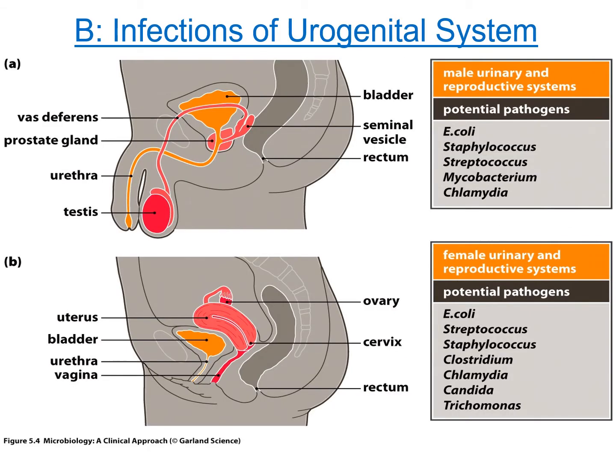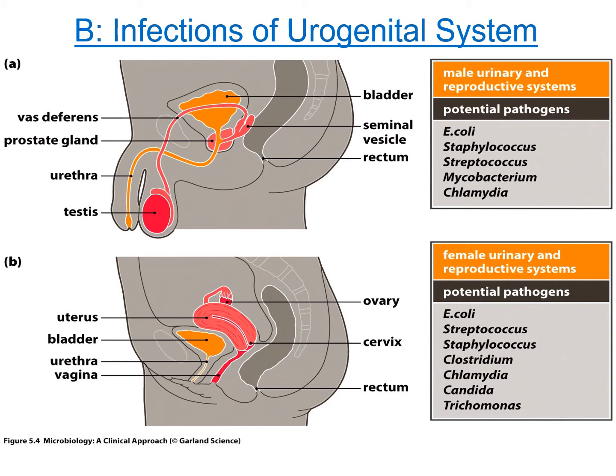So moving on to the urogenital system, which of course consists of the urinary system and the reproductive system combined. When we're dealing with the external genitalia, our main players here in terms of potential pathogens are the same as we've talked about in relation to the skin. So we have the same bacteria and fungi that live in this area as live on the rest of the body.